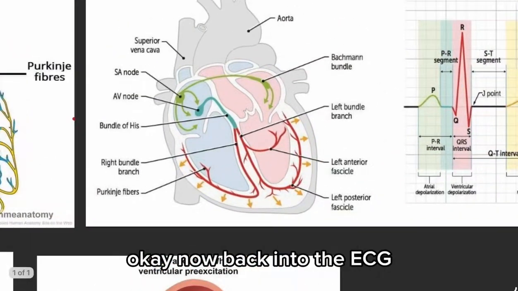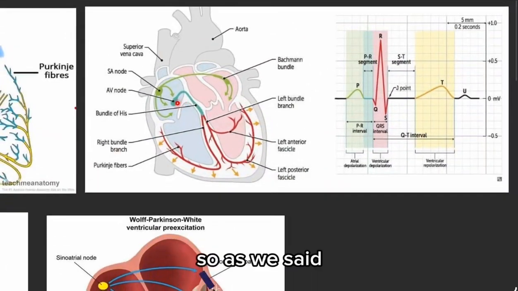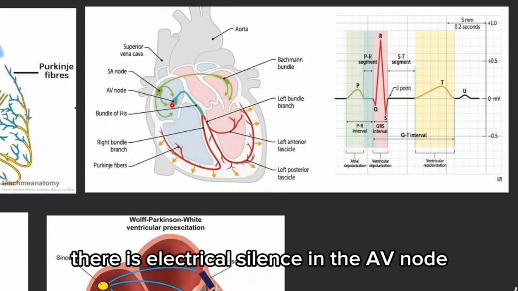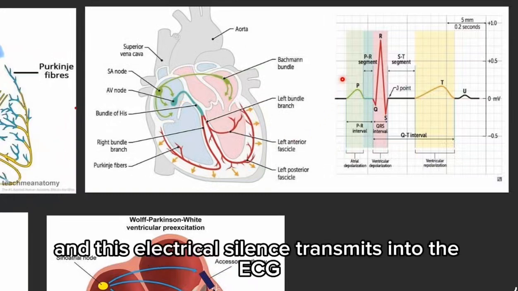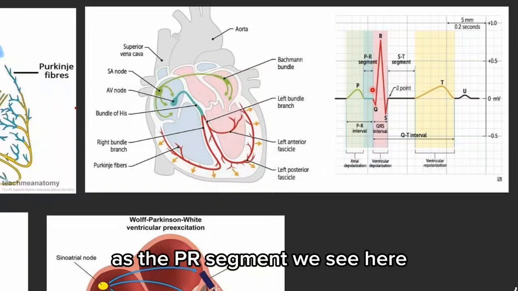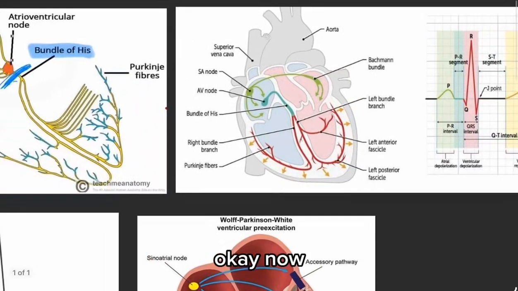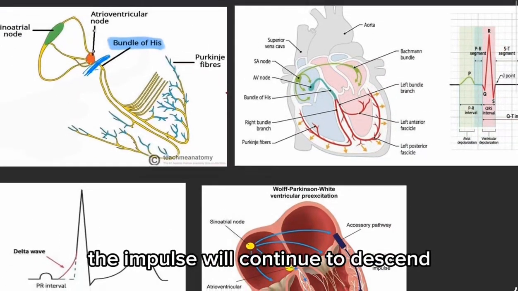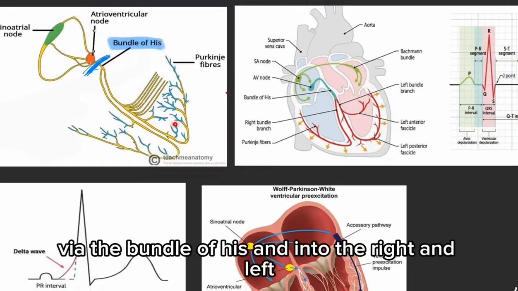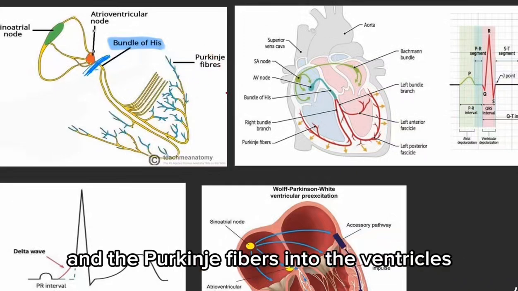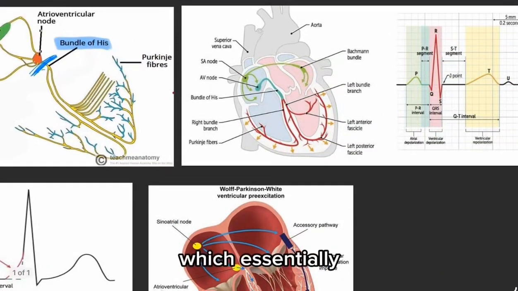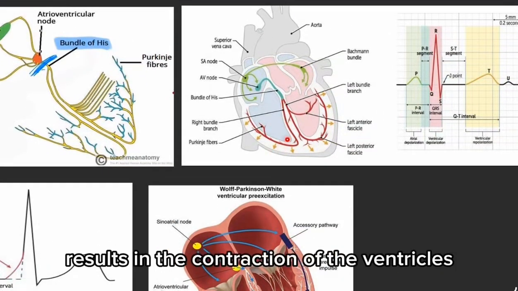Okay, now back into the ECG. So as we said, there is electrical silence in the AV node, and this electrical silence transmits into the ECG as the PR segment we see here. Okay, now the impulse will continue its descent via the bundle of His into the right and left Purkinje fibers into the ventricles, which essentially results in the contraction of the ventricles.